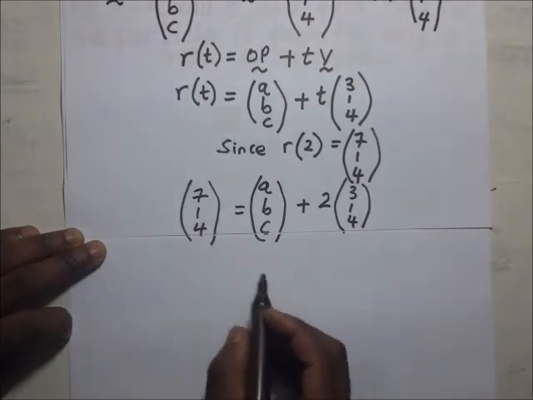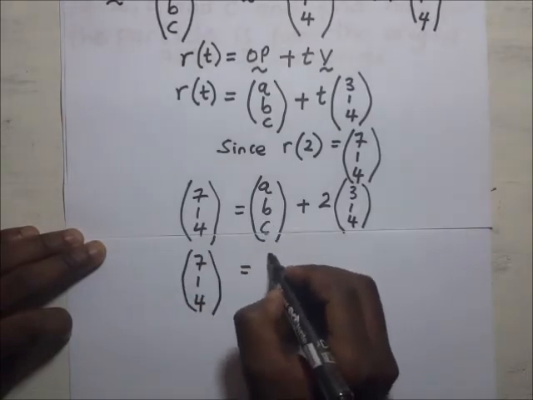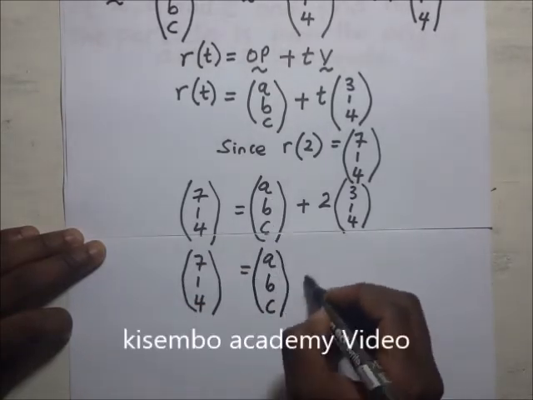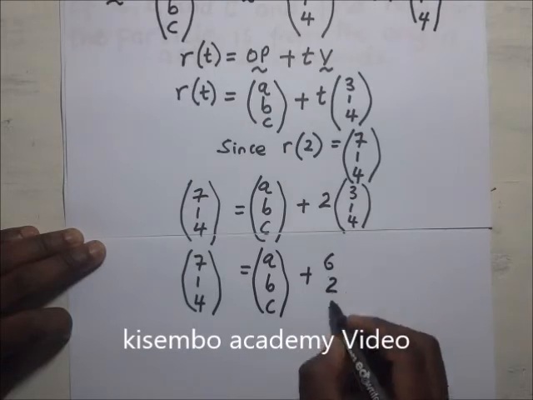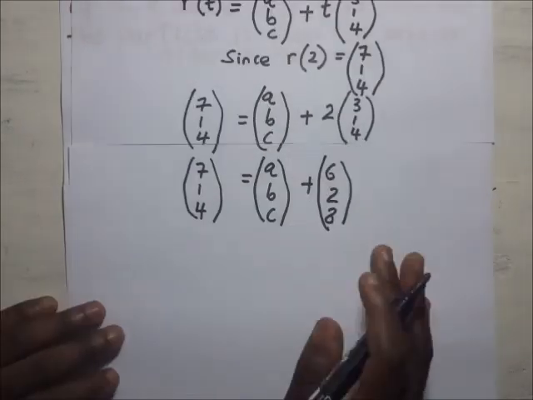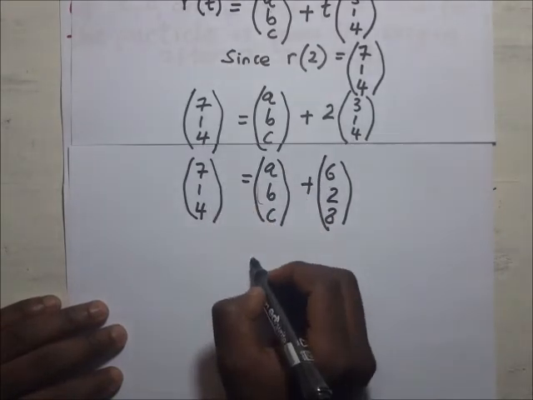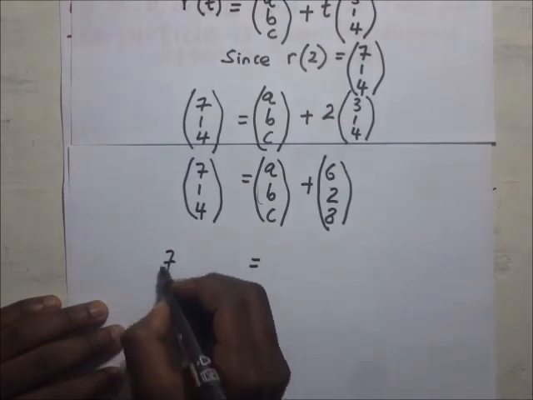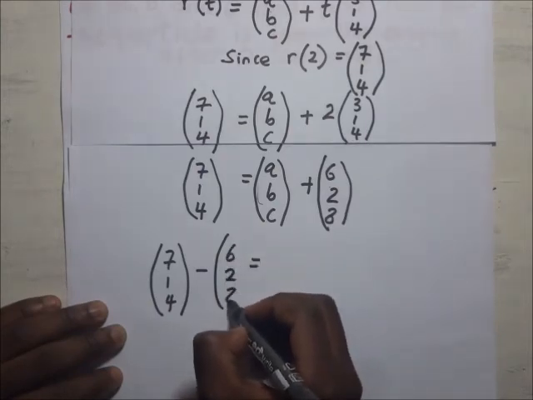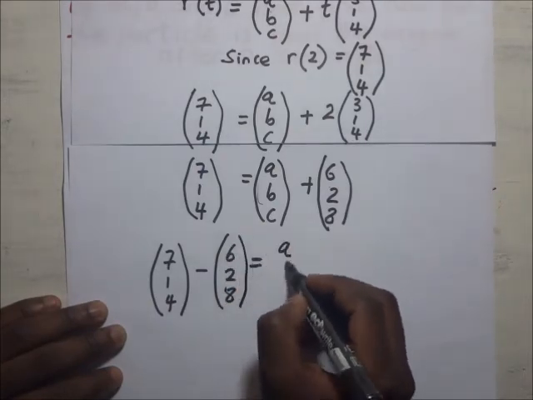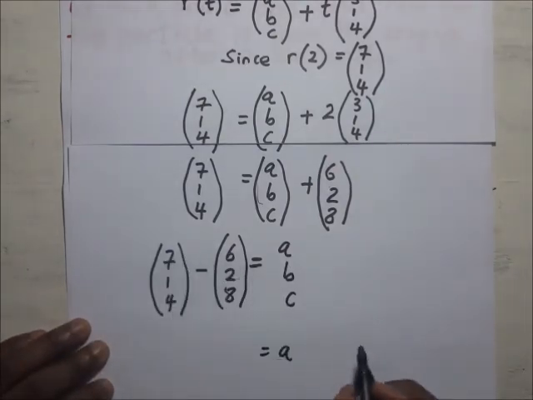Of course now this is going to become 7, 1, 4 equals A, B, C plus 2 times 3 is 6, 2 times 1 is 2, 2 times 4 is 8. For us to be able to find A, B, C, we are going to make this the subject of the formula, so this becomes 7, 1, 4 minus 6, 2, 8, which is going to give us A, B, C. So our value of A is 7 minus 6, which is 1.